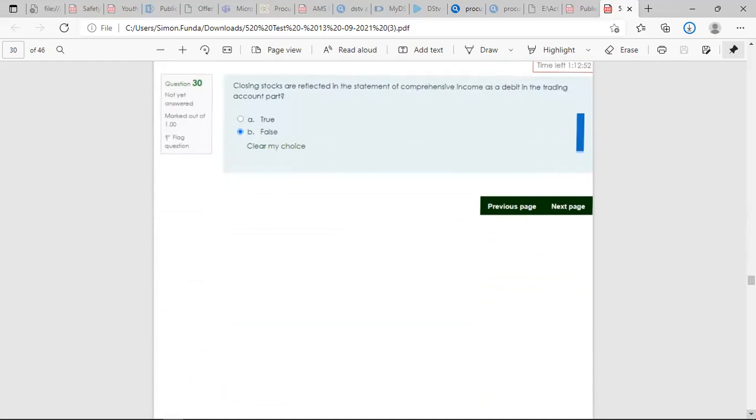So this is supposed to be no, because in the trading account is where you calculate the cost of sales.